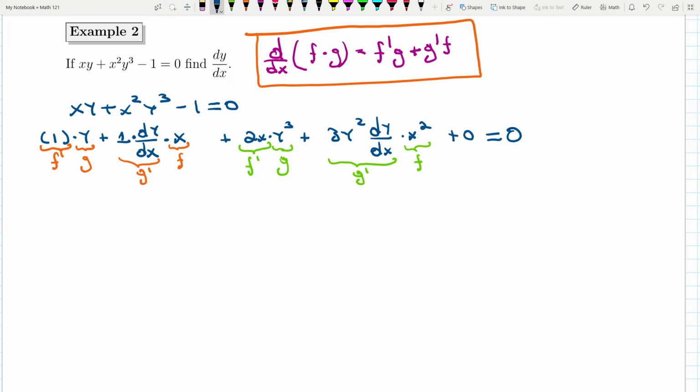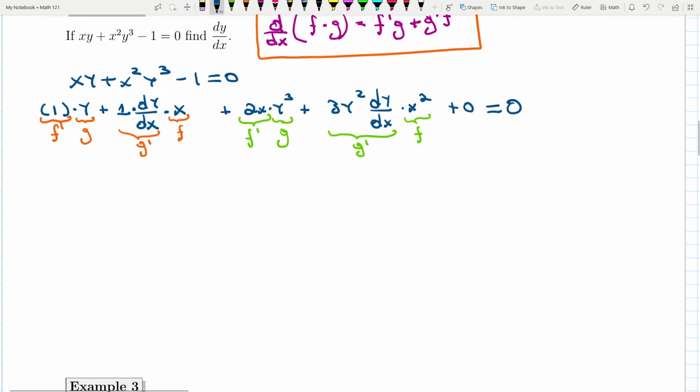So let's do a lot of the cleanups here. Let me clean up parentheses, let's clean up multiplications, and you'll see what we're going to do. So 1 times y, that'll be y plus x dy/dx. So I'm writing this x right here in the front. That's the only thing I'm doing.